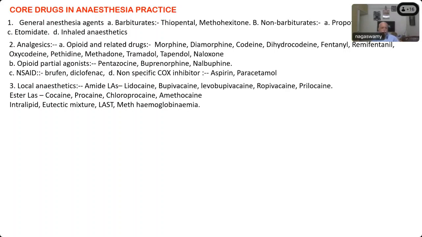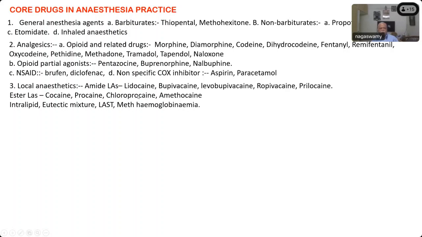They don't stay potent for a long time. Whereas you can store amide local anesthetics for 3 years, 4 years, the ester group drugs lose their potency within 6 months to 1 year. So it is not profitable to manufacture and keep them.